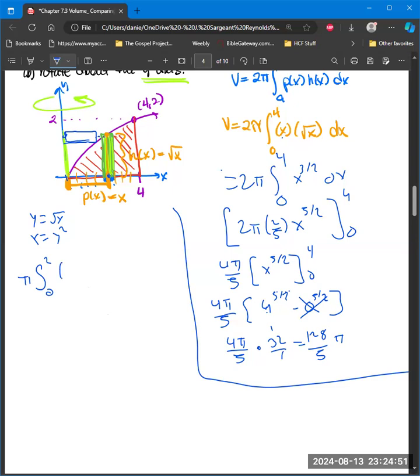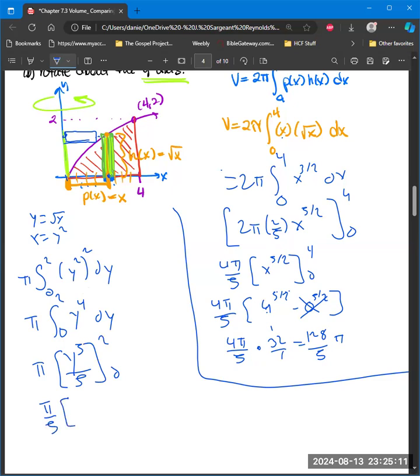R squared is going to be y squared dy, from 0 to 2 of y to the 4th dy, so y to the 5th over 5, from 0 to 2, pi over 5. This is 32 minus 0.